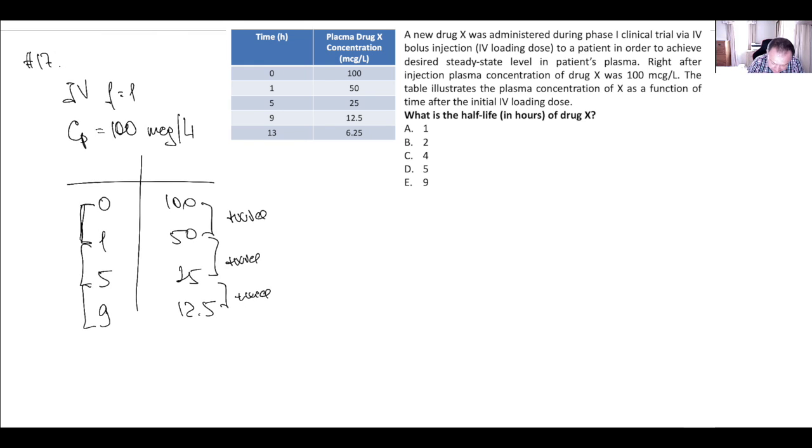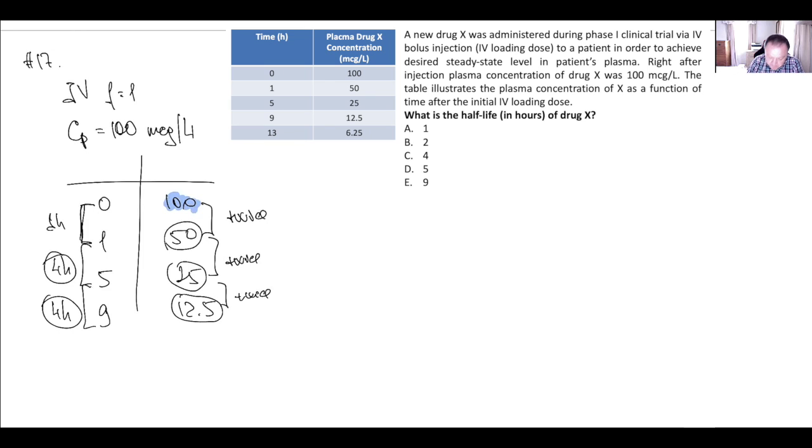But from 0 to 1, we have 1 hour, and from 1 to 5, we have a period of 4 hours. And this is another representation of the graph, as we have the distribution phase here.